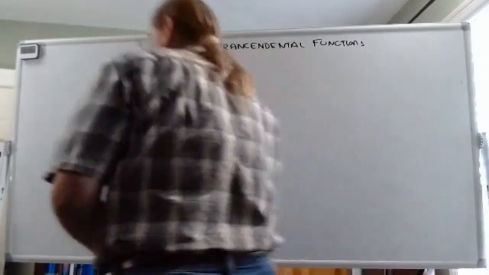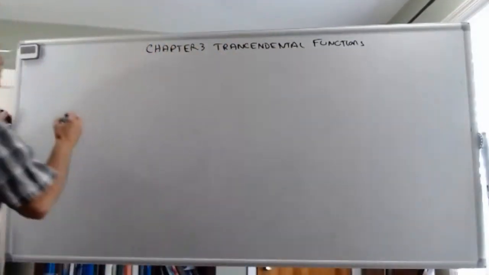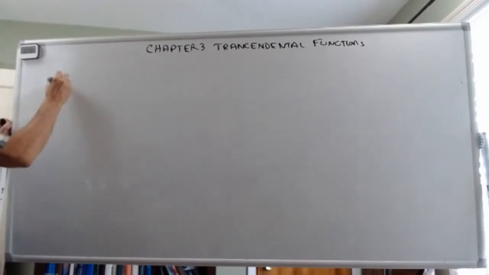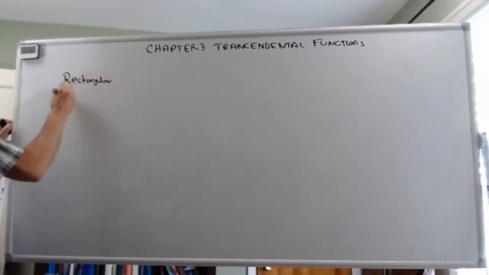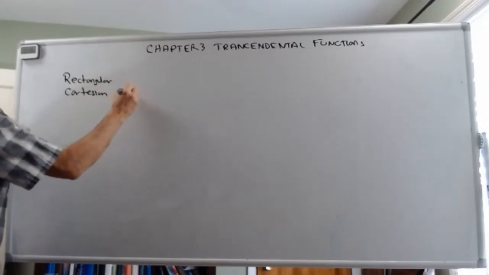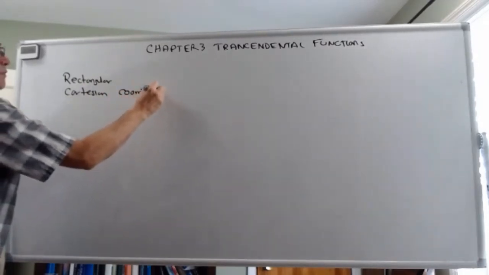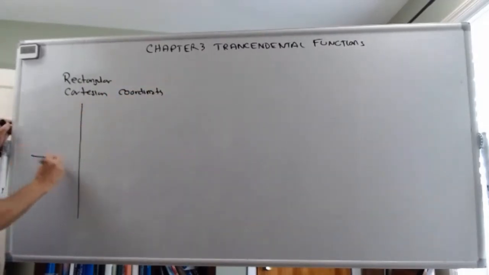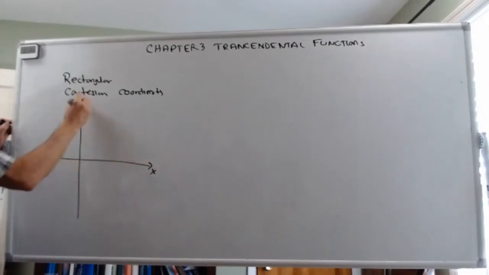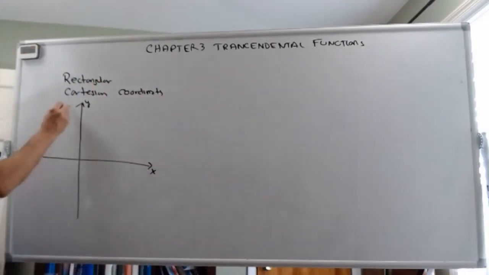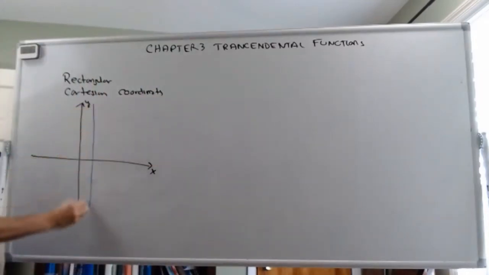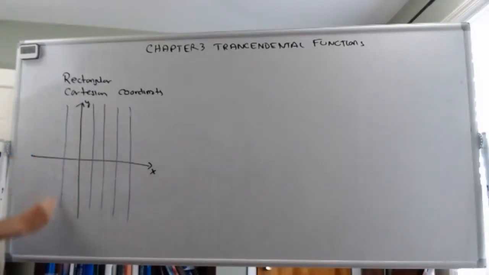We all learned about rectangular, sometimes called Cartesian, coordinates. And we get a grid, with our X and our Y. We have a little rectangular grid going on here, with constant X values and constant Y values. Everyone's comfortable with this.